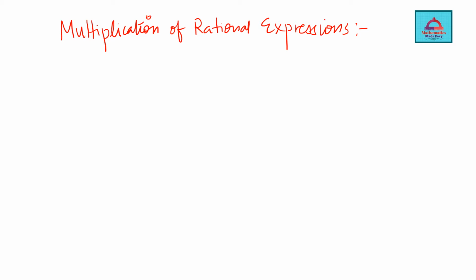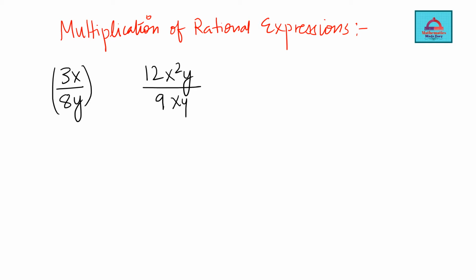I'm taking here two rational expressions. The first one that I'm taking is 3x over 8y. So this is one numerator over denominator form. And the second one that I'm taking is 12x square y over 9xy cube. So these are the two rational expressions that we are trying to multiply.